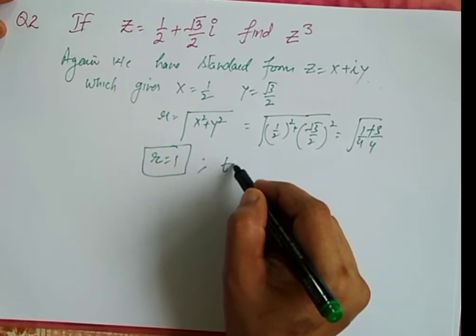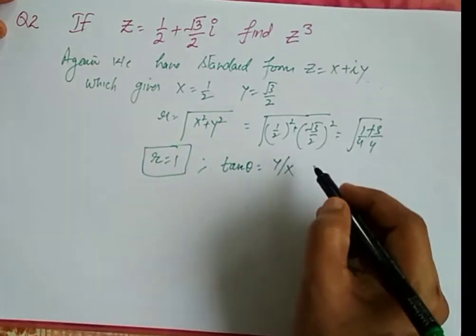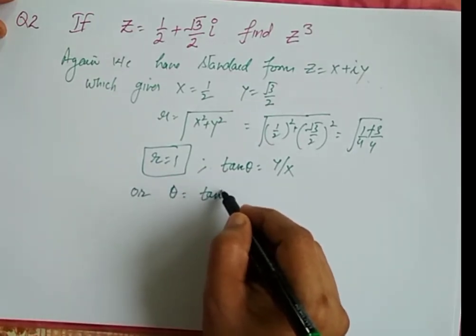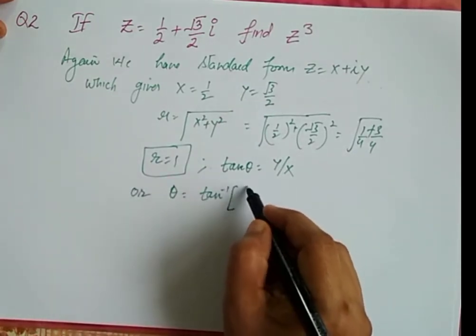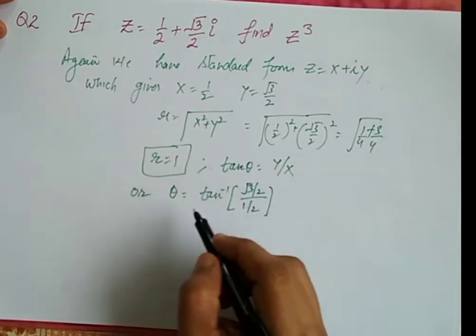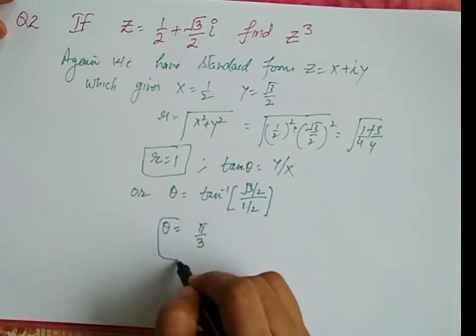Now we have to evaluate the argument. Tangent theta equals y by x, or theta is equal to tangent inverse of y over x, where y is root 3 by 2 and x is 1 by 2, and this gives you theta equals pi by 3.